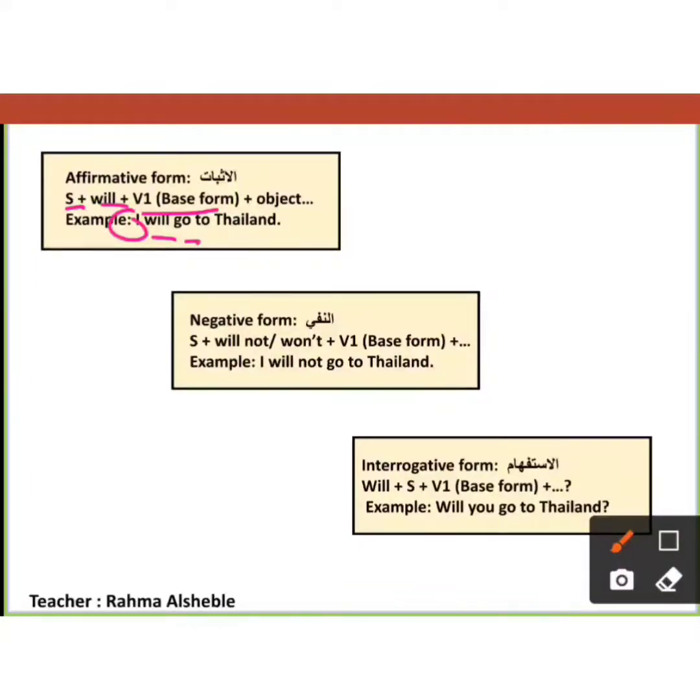Okay, let's change this sentence into negative form. I will becomes will not or the short form won't. So subject plus will not or won't. After that, the infinitive verb still stays after it. I won't or will not go to Thailand.